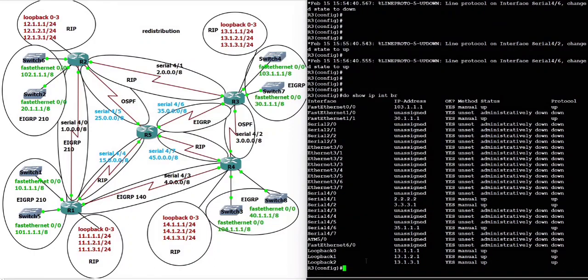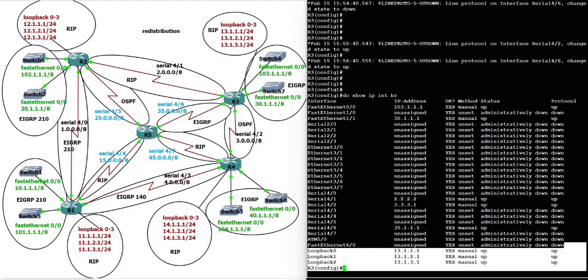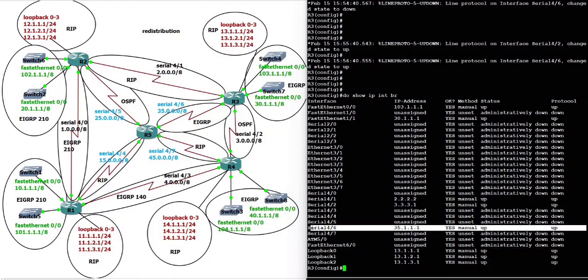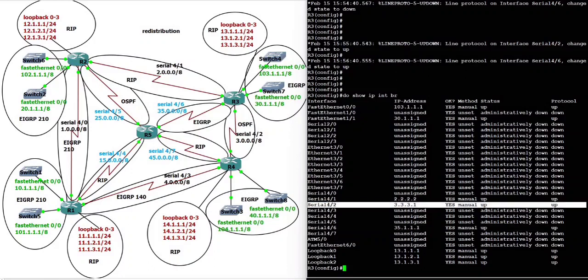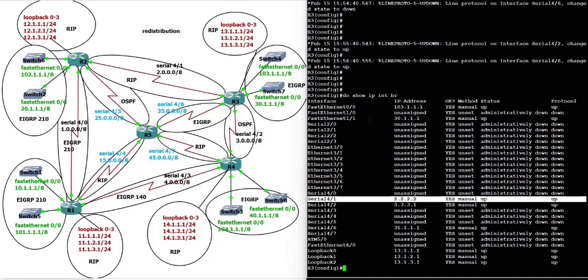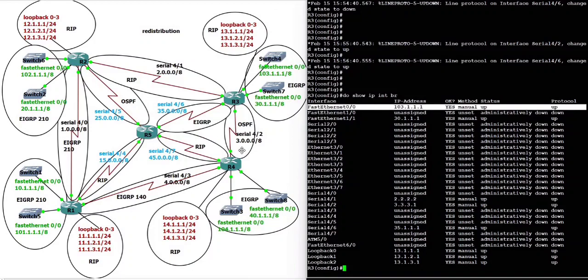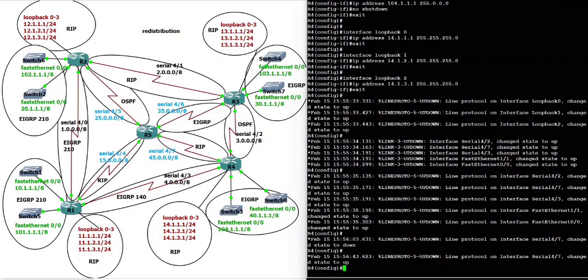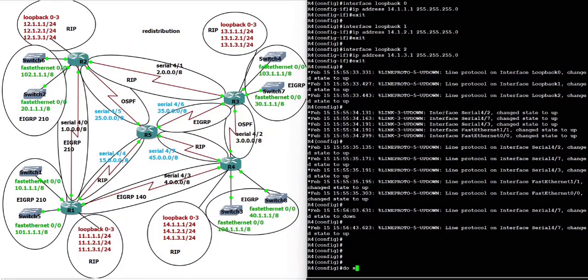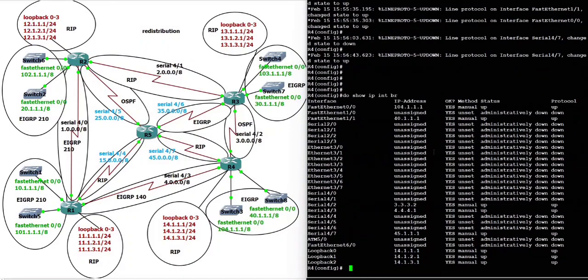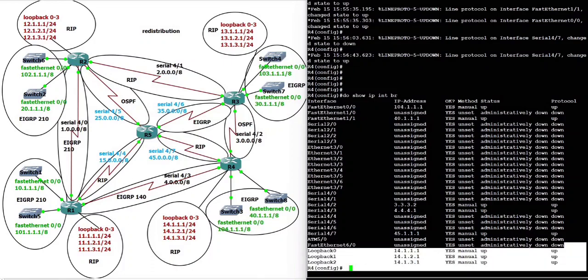Okay, on router 3, here we have three loopback addresses, 13 dot network. Serial 4/6, 35 network, which is connected to router 5, and 4/2 network 33.1, 4/1 network 2.2 up, fastnet 0/0. On router 4, here we have loopback 14 dot network.